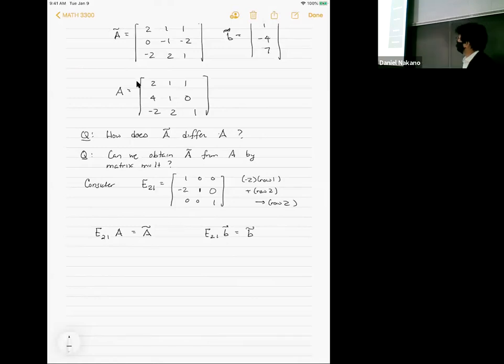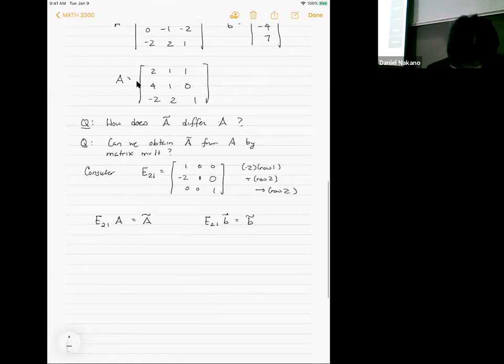Okay, so this process of Gaussian elimination is really multiplying matrices on the left, by what are called elementary matrices. So let me present the idea more precisely.